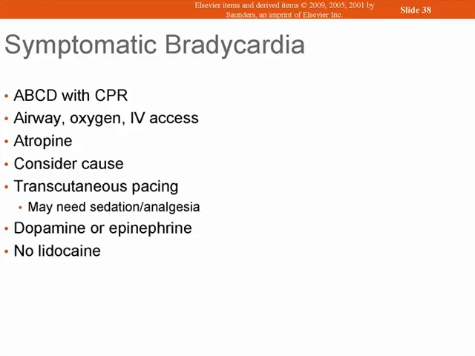If you are pacing through their skin and chest wall, that's going to take a lot of electrical juice, and it's going to be very uncomfortable, so you may need to sedate and give them some analgesics. You may also consider some dopamine or epinephrine to help speed the heart rate up. Do not give lidocaine, because whatever rhythm you do have, you do not want it to be slowed down anymore. Lidocaine will slow it down. No lidocaine with symptomatic bradycardia, just with V-fib and VTach. Okay?